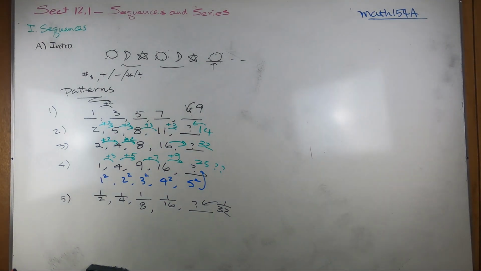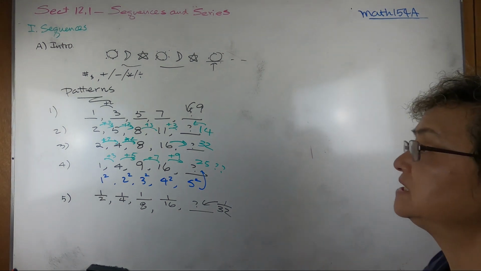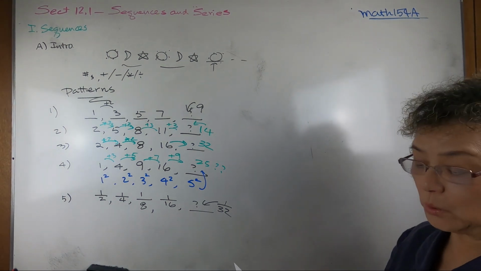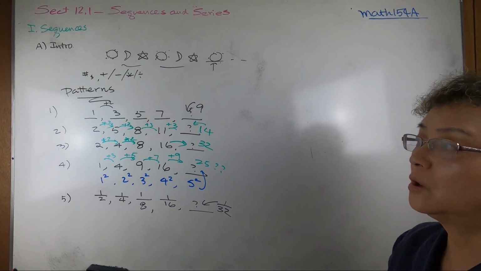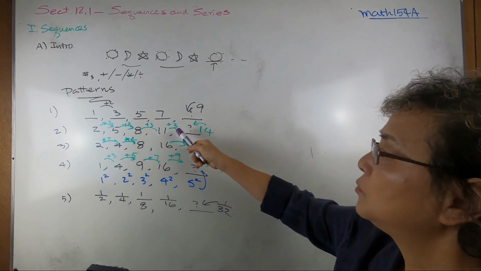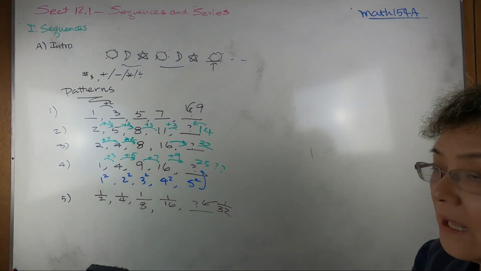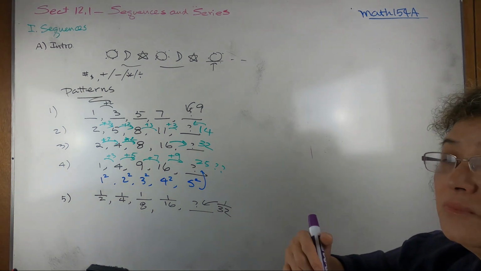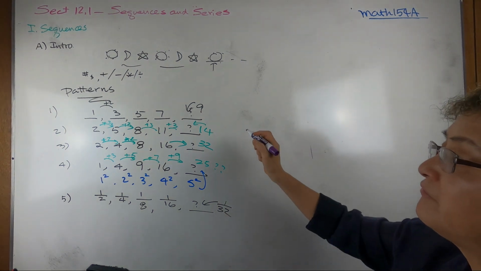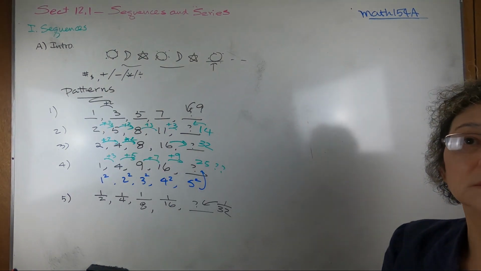Then we are going to identify them with different names, so we know how to call them out. So these types of things we call a sequence. It is a number of events that follows certain patterns.